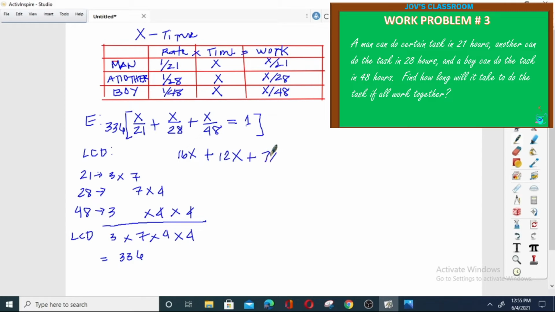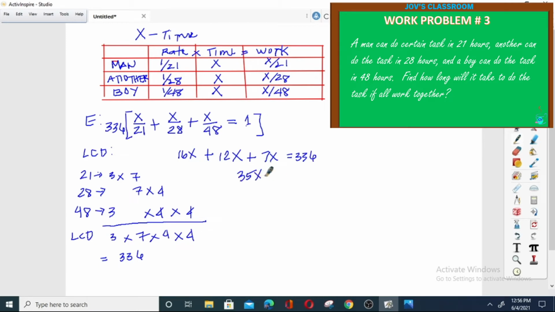So 16x plus 12x plus 7x is equal to 336. All right, so 16 plus 12 is 28, plus 7 is 35.